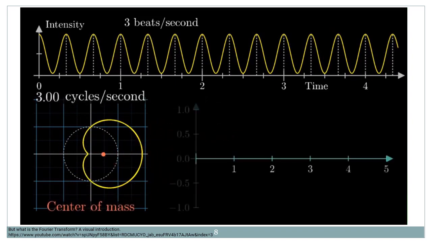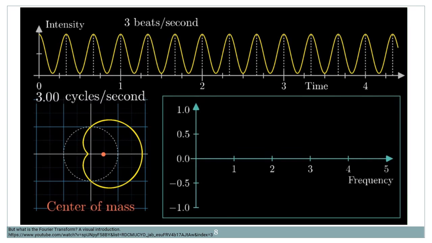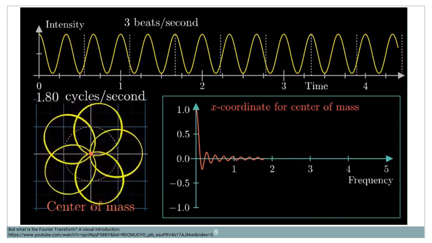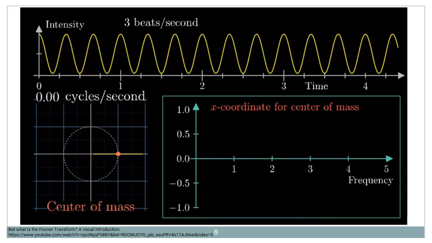Here, to capture this, let's draw some kind of plot that keeps track of where that center of mass is for each winding frequency. Of course, the center of mass is a 2-dimensional thing. It requires 2 coordinates to fully keep track of, but for the moment, let's only keep track of the x-coordinate. So for a frequency of 0, when everything is bunched up on the right, this x-coordinate is relatively high.